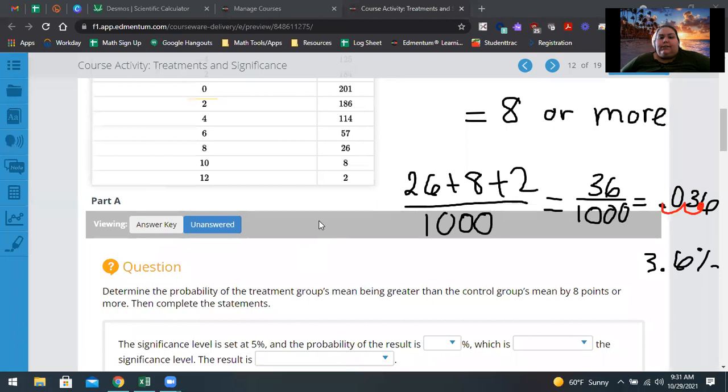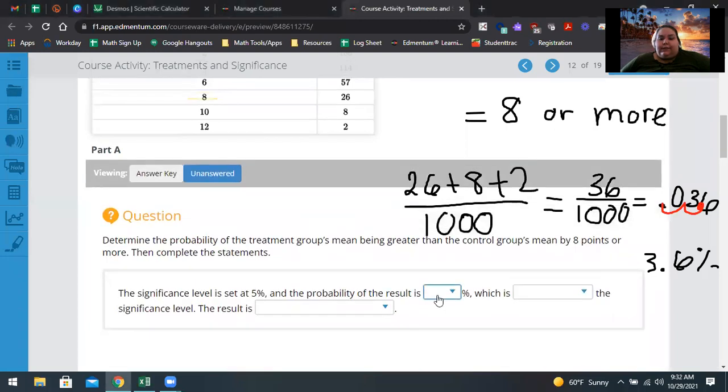So now think about it. Is this result statistically significant? We go back here to find our percent. There's our 3.6, and we choose whether it's greater than or less than the significance level. Remember, the significance level is at 5%.